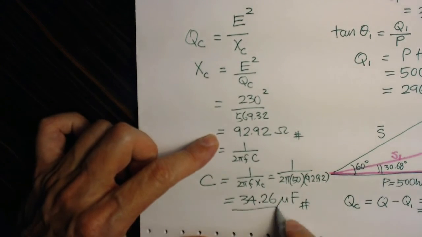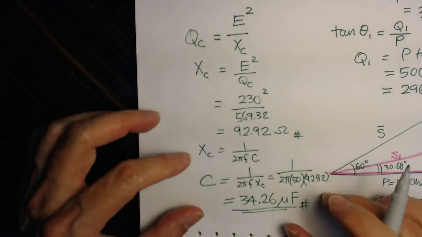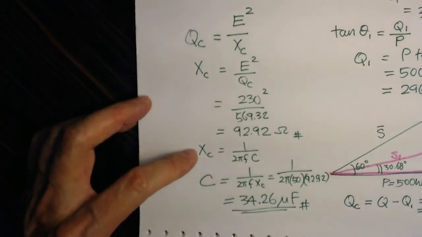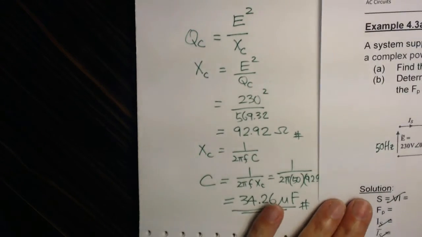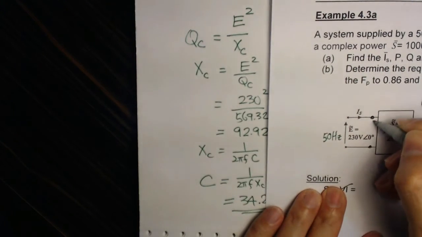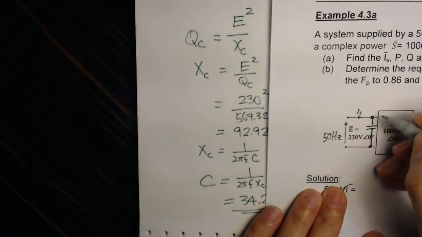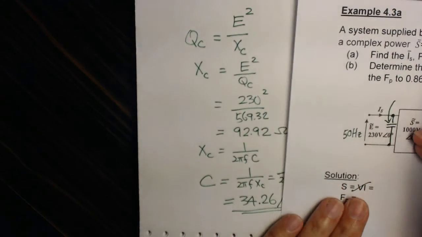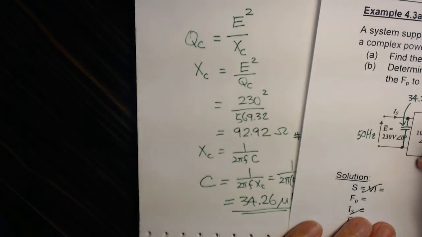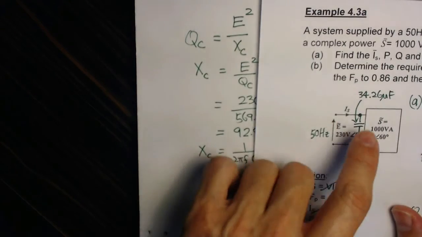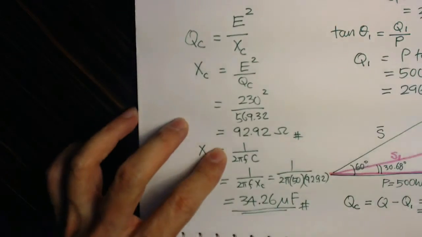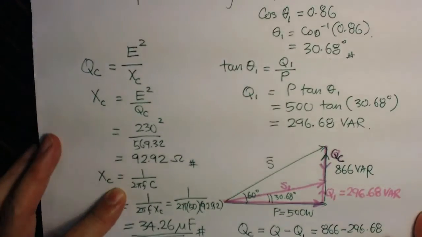Okay, so that's the capacitor I need to add to connect to the original circuit in order to improve the power factor. In other words, I need to add in a capacitor at this point, and the value of this capacitor is 34.26 microfarad, if I want to improve the power factor to 0.86.